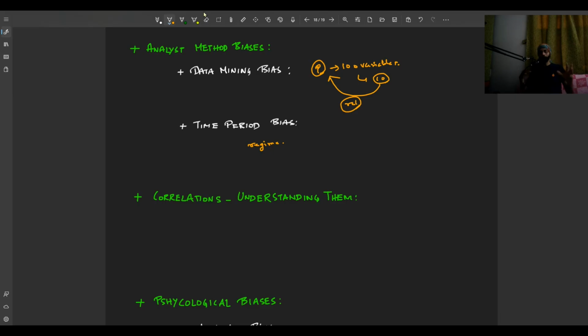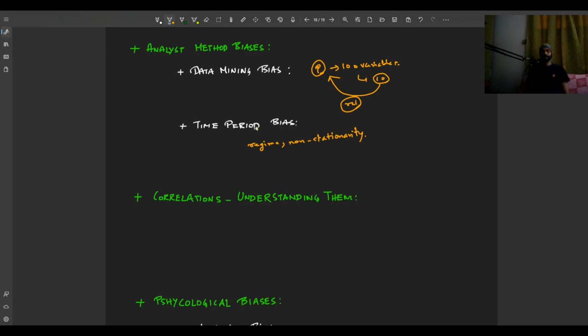Or let's say you combine a high interest rate regime with a low interest rate regime and try to analyze both the markets together in a single database. There also chances are errors will be made. So this is time period bias. And one word you have to remember here is regime, or another word you can remember is non-stationarity, right? This is time period bias. So these are analysis related biases.